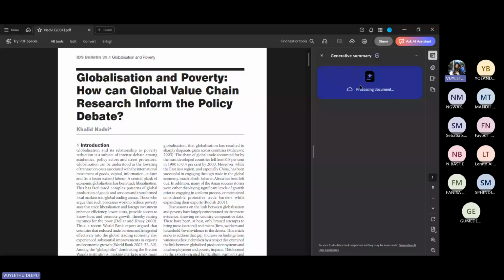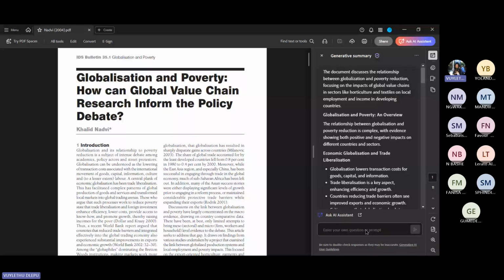Okay, so this document discusses the relationship between globalization and poverty reduction. It focuses on the impact of global value chains in sectors like horticulture and textiles on local employment and income in developing countries. The relationship between globalization and poverty reduction is complex, with evidence showing both positive and negative impacts on different countries and sectors.